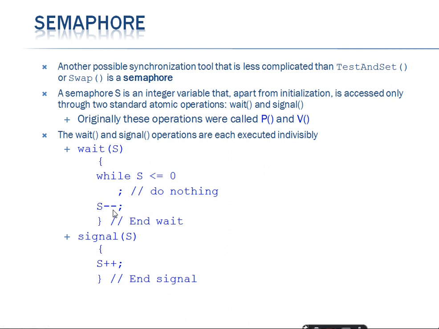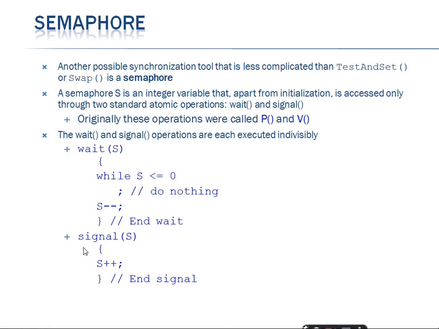And the semaphore is again decremented. And this situation continues. We keep on decrementing the semaphore until it is less than or equal to 0. If it is, we get out of this while loop and we come to an end of the wait function.